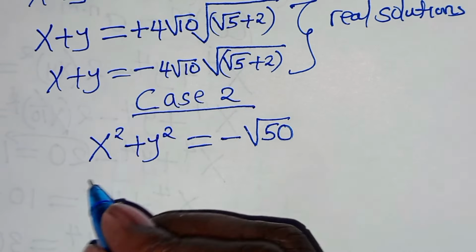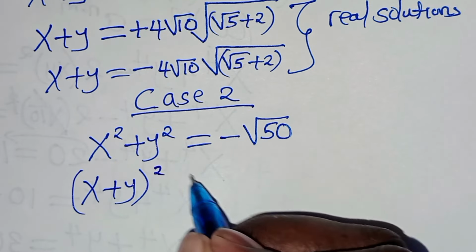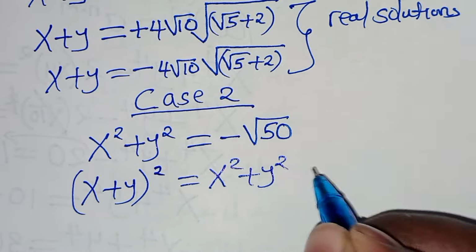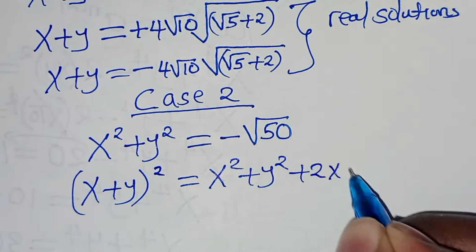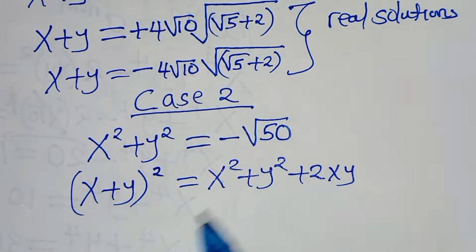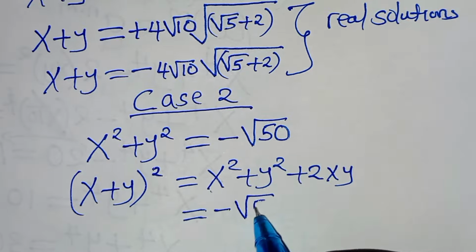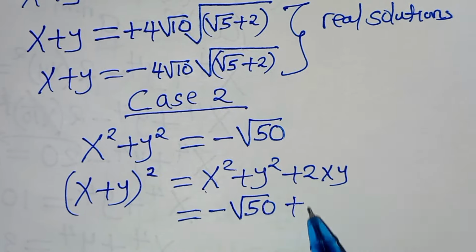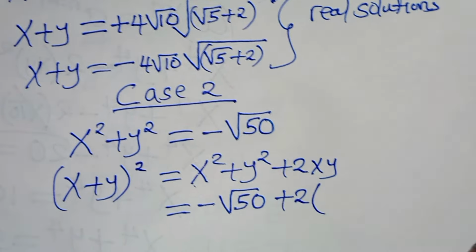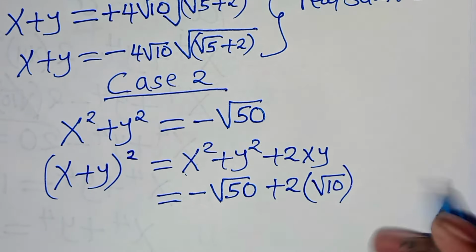Now we have that x plus y raised to the power of 2 is the same thing as x squared plus y squared plus 2xy. So x squared plus y squared is equal to negative root 50 here, then plus 2 times xy. Remember xy from equation 2 is equal to square root of 10.